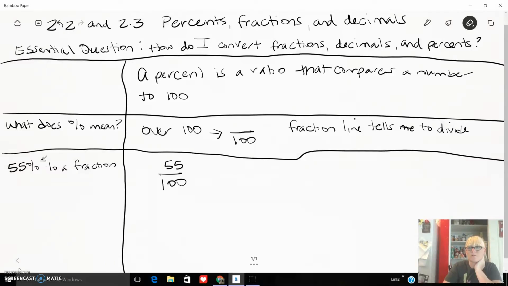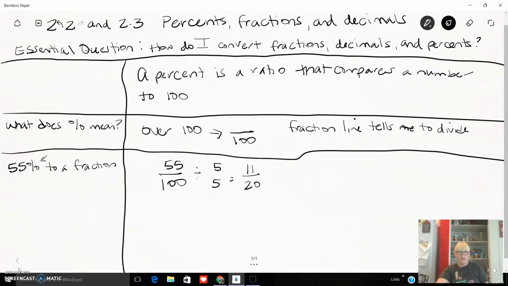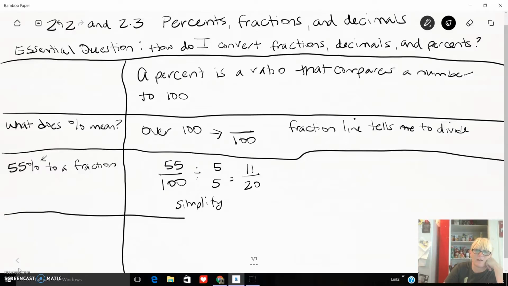I need to simplify this because I know that I can make a smaller fraction. So 55, let's start with dividing by 5. 55 divided by 5 is 11. 100 divided by 5 is 20. 11 is a prime number, and it doesn't go into 20, so that's the smallest fraction that I can have.